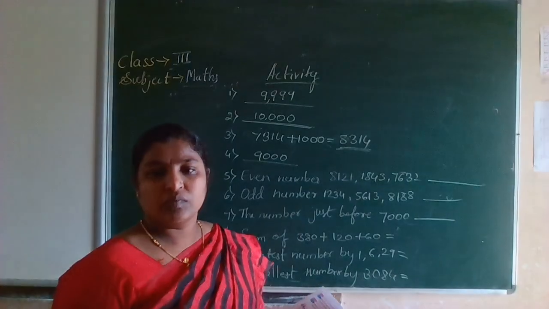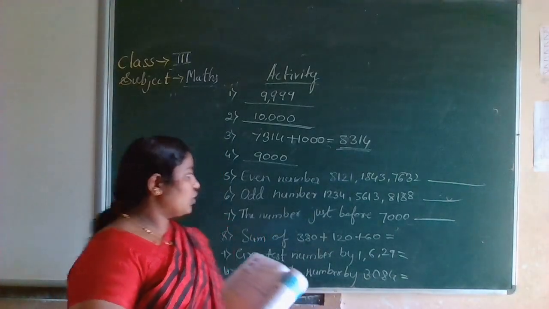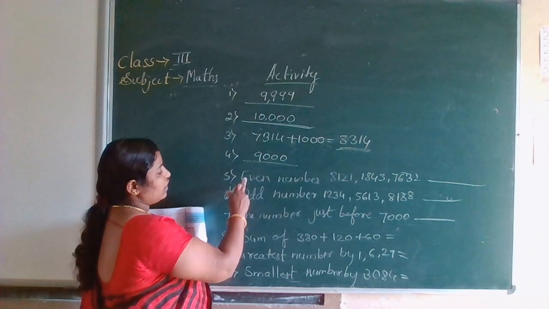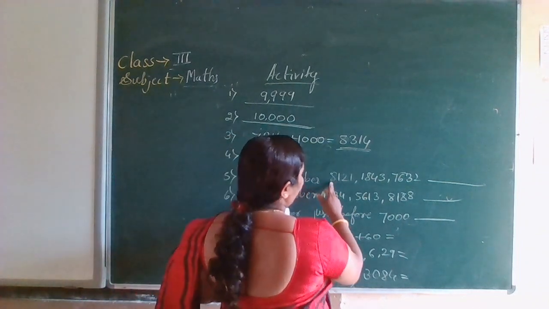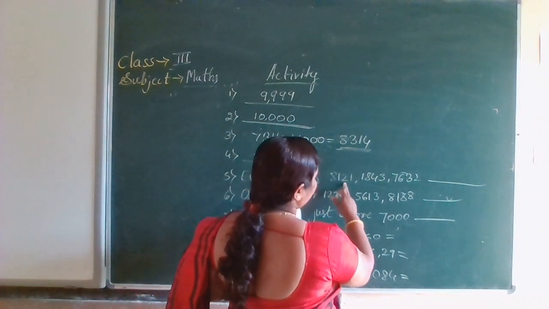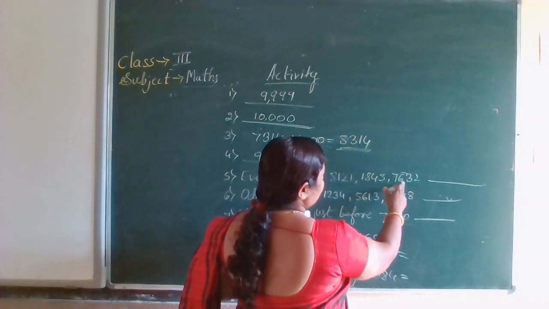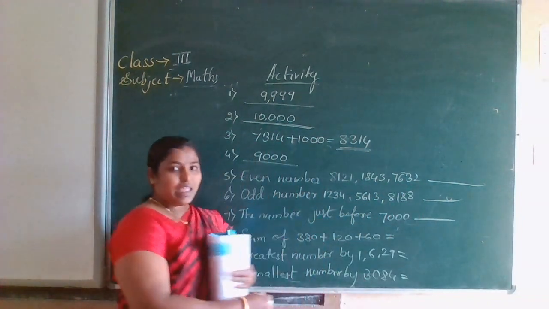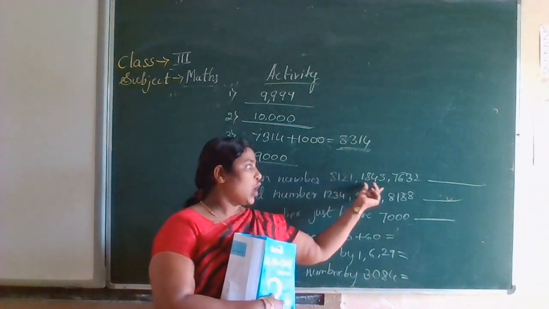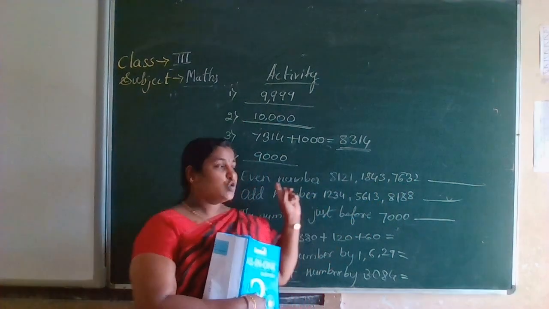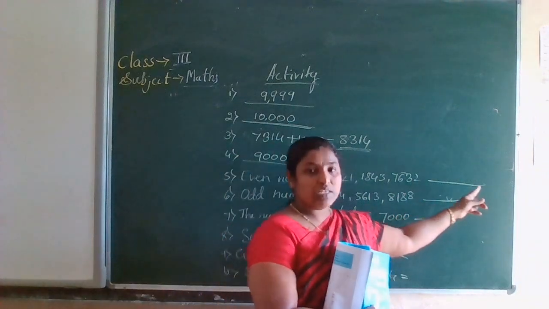Read it once. See the question. Fifth one, even number out of 8,121, 1,843, 7,632. They have given 3 numbers. Out of these 3, we should write the even number as the answer.